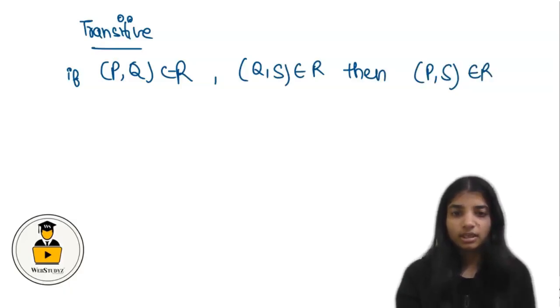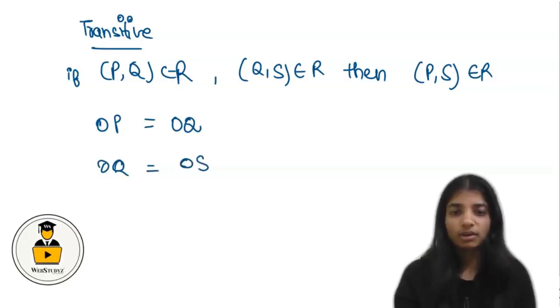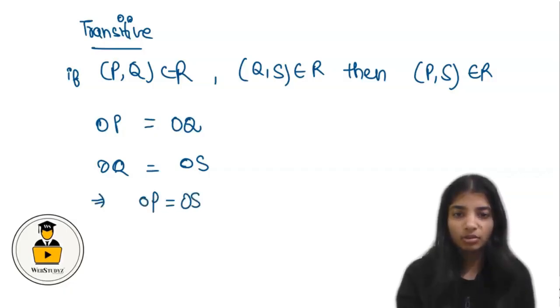If (P, Q) belongs to R, the distance of point P from the origin equals the distance of point Q from the origin. Now (Q, S) belongs to R, which means the distance of point Q from the origin equals the distance of point S from the origin. So OP equals OQ, and OQ equals OS. So this implies that OP equals OS.